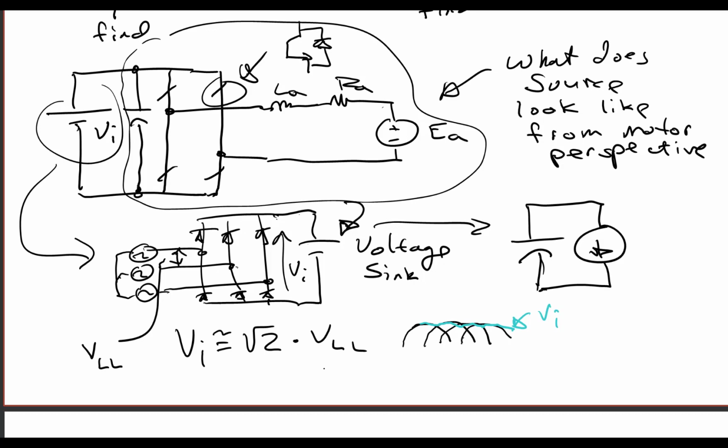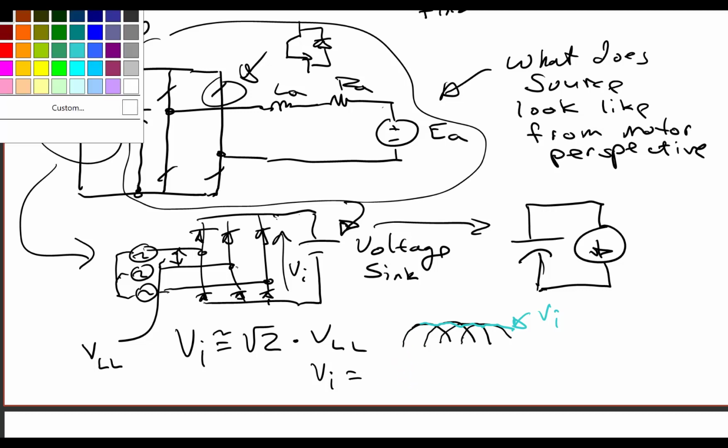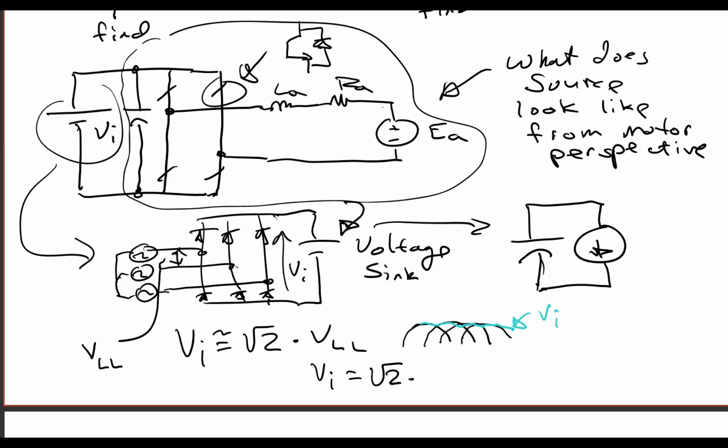So we know that V sub I in this case, it's different from what the V sub F is. Because V sub F is a phase controlled rectifier. It's root 2 times 208, see, root 2 times 208 is 294 volts.